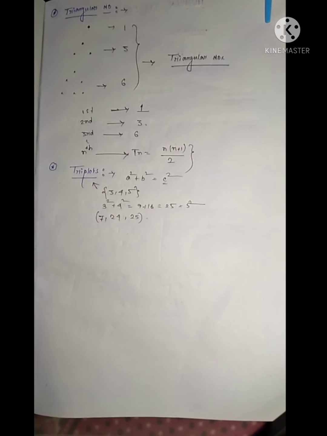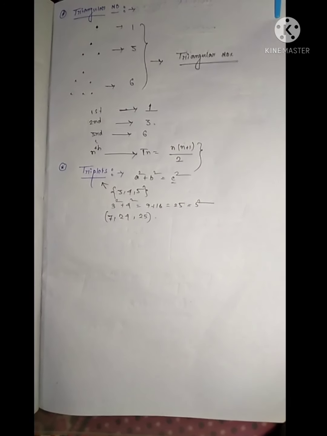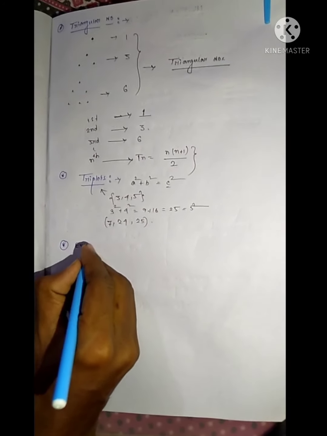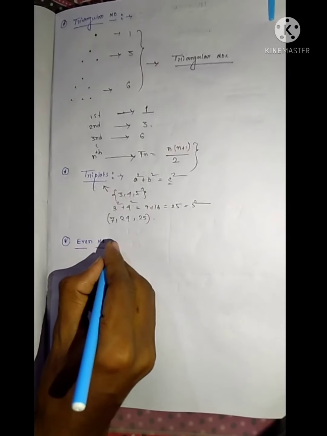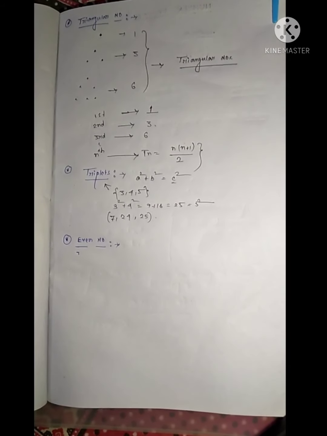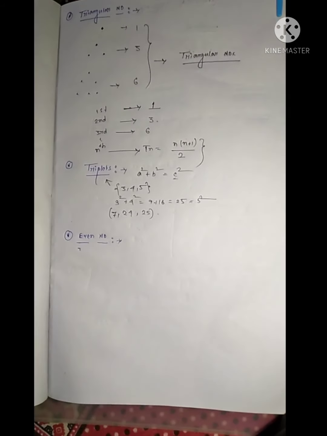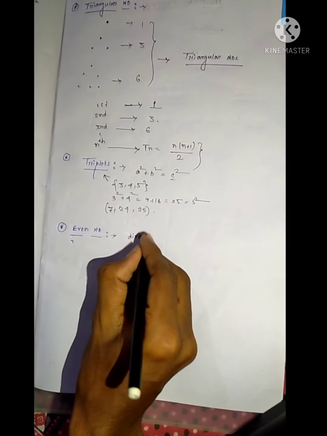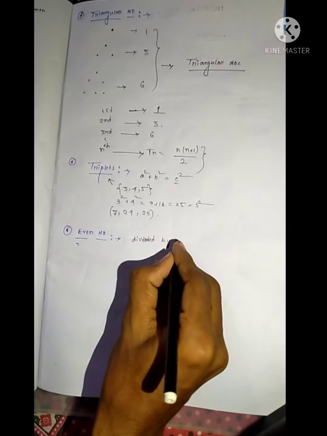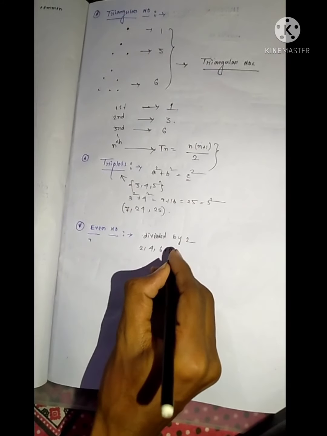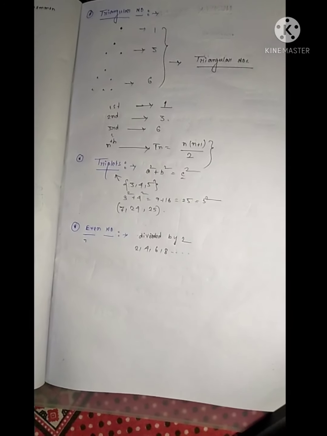Now the last one, even number and odd number. Even number, Samasankha. Numbers which are divisible by 2 are called even numbers. That means 2, 4, 6, 8, all these are even numbers.